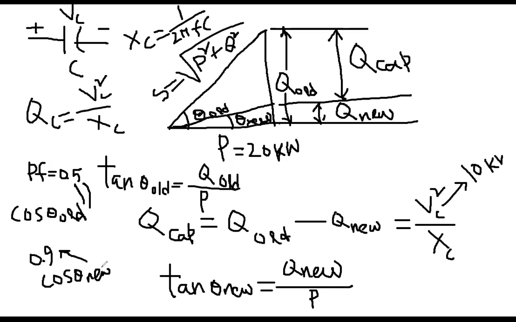From here, first find out the theta new angle and then find out tan theta new, and then plug into this equation. So you will get Q new. From this, you will be getting Q volt, and then you subtract. That will be your Q cap. Apply this equation, use X is 1 over 2 pi FC, and finally get the value of C.